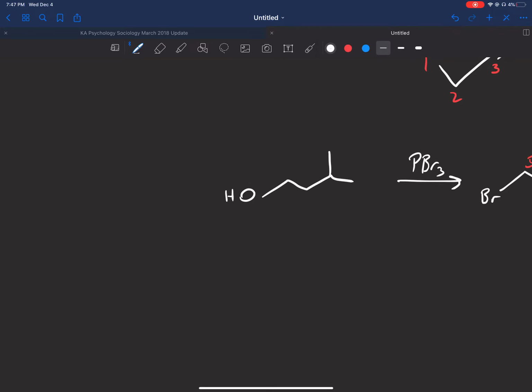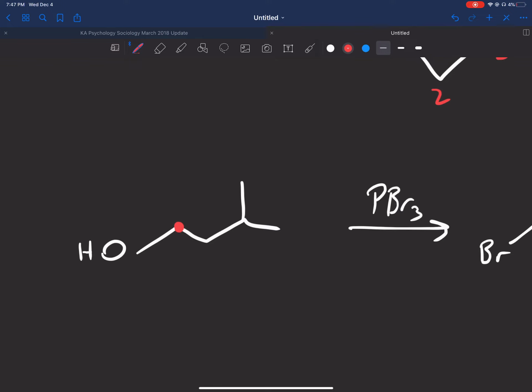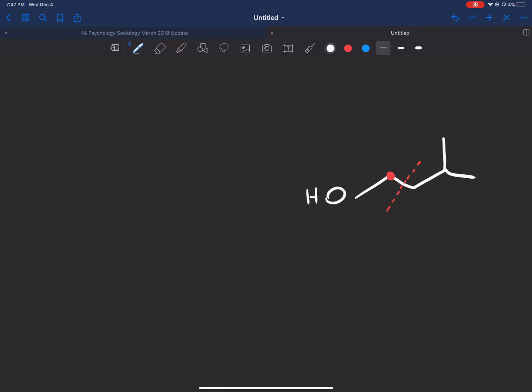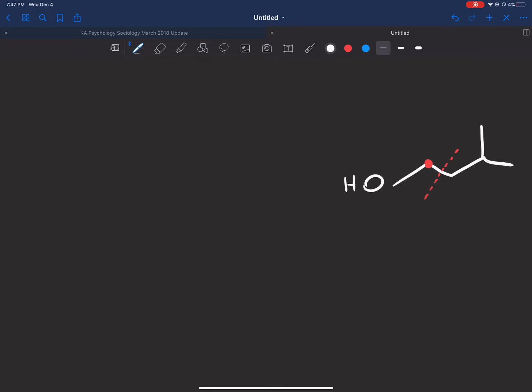Now you just want to do a cut. Here's the carbon with the OH. We're going to cut this bond here. You can see that this carbon with the OH has 2 hydrogens off of it. So I'm going to go H, carbonyl H as step 1, step 2, H2O.